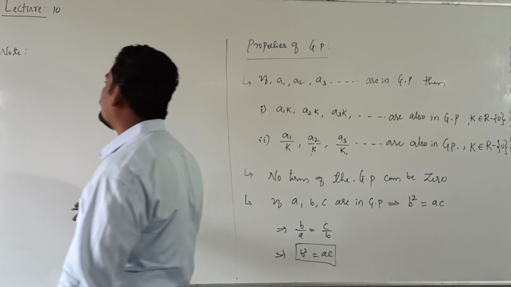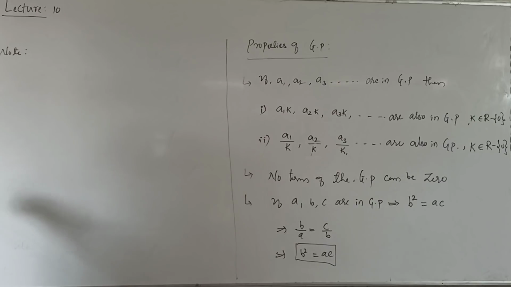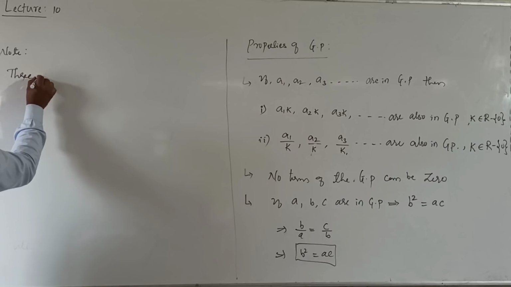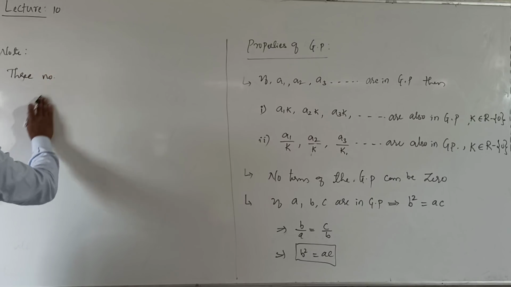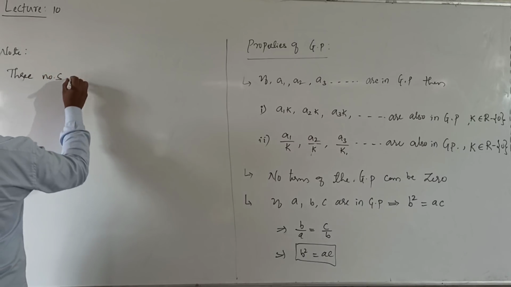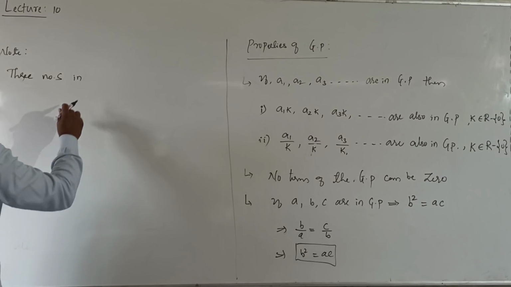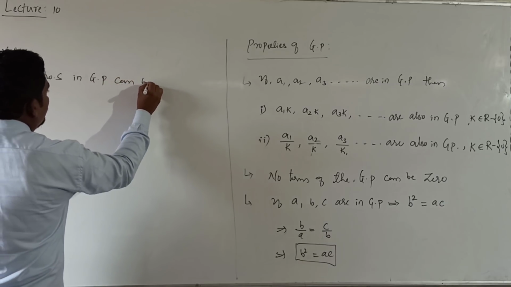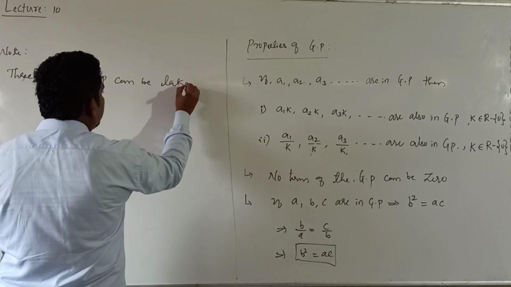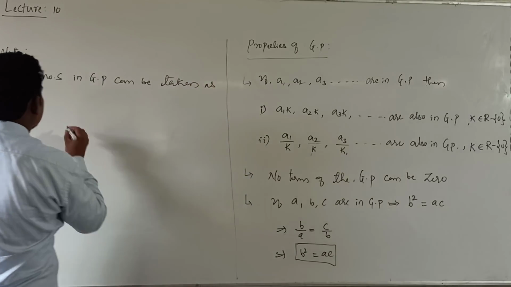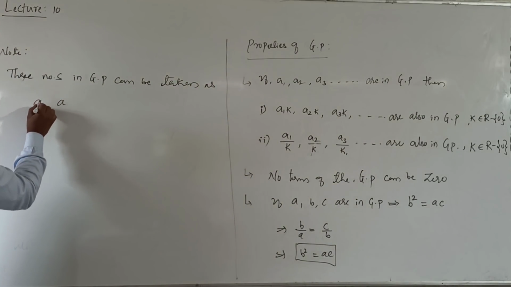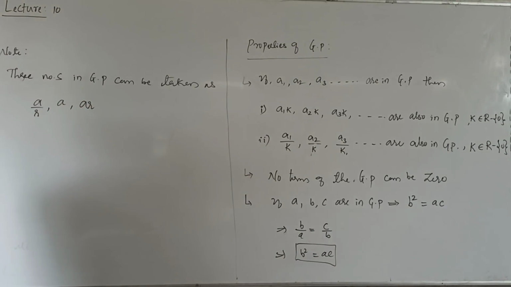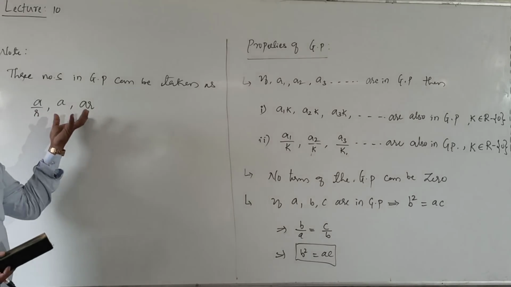Proper selection of GP. First one, three numbers in GP can be taken as A divided by R, A and A into R. This is just for easier simplification.